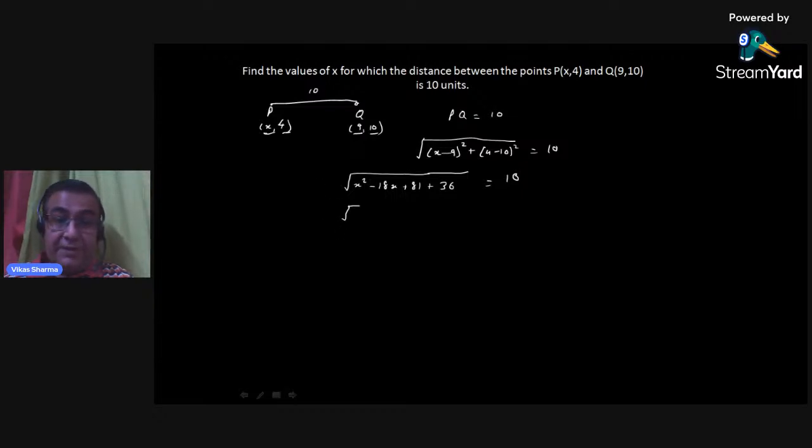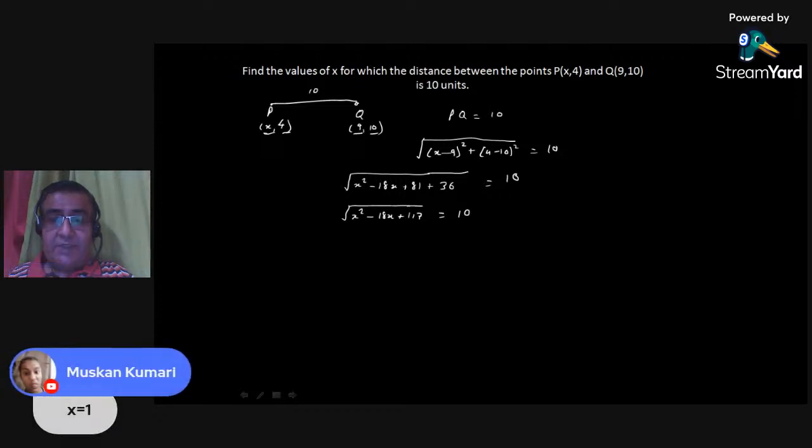So I'll be left with the square root of x square minus 18x, and 81 plus 36 will give me 117. That should be equal to 10. Now what will I do? So I've got a square root on one side. On the other side, I don't have a square root.